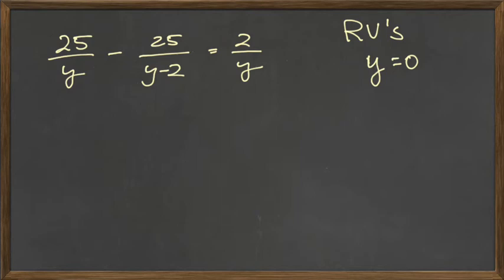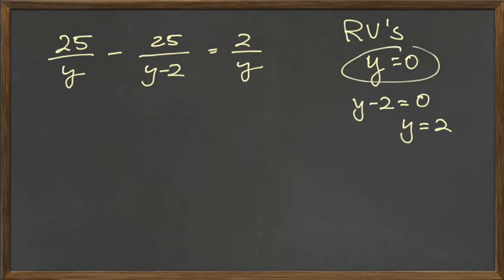Y equals 0. That's 1. But we have another denominator that says y minus 2 equals 0, so y equals 2. These are our restricted values. If one of them is the answer, we have no solution. Or maybe both. Who knows?